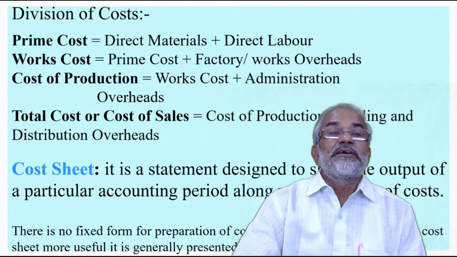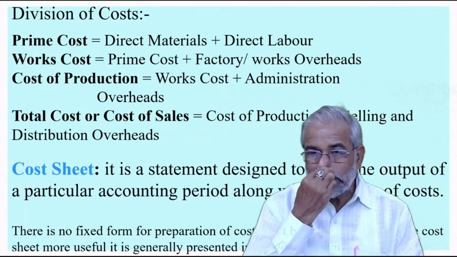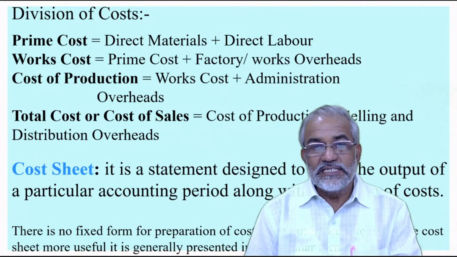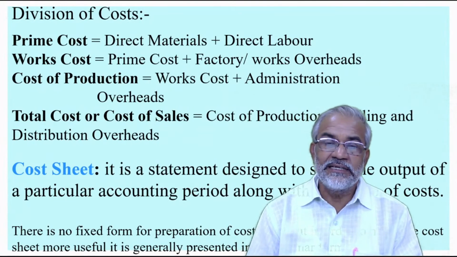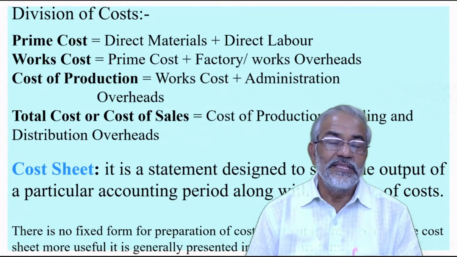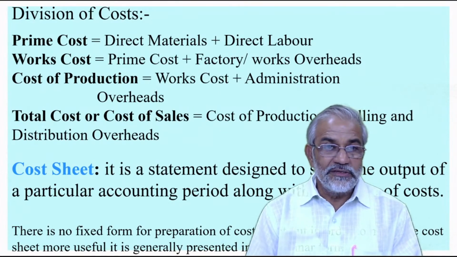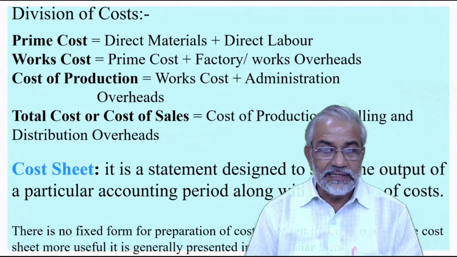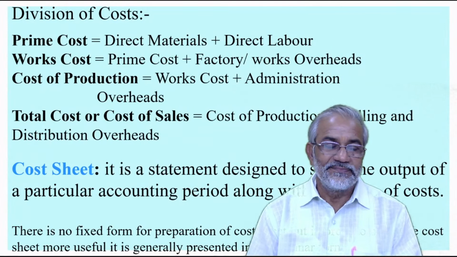When we go for preparation of the cost sheet, the different components involved are the direct material, direct labor, and direct expenses. They form the prime cost. The prime cost of a product includes direct material, direct labor, and direct expenses.